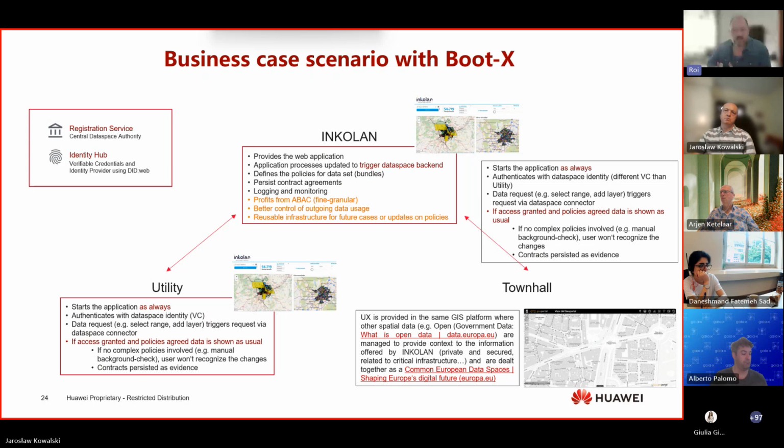They will need to authenticate with the Dataspace identity. Of course, the utility and the town hall, each of them will have their own identity, and the data requests and so on will be done through the Dataspace connector. If the access is granted to the application, each of them will have access to the data as always.